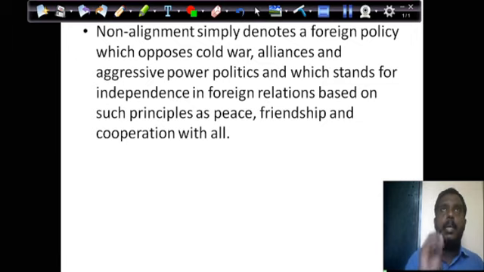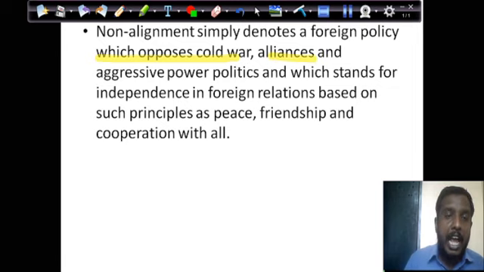So this could be a simple definition of non-alignment. Non-alignment simply denotes a foreign policy which opposes Cold War, alliances, and aggressive power politics, which stands for independence in foreign relations based on principles such as peace, friendship, cooperation with all.